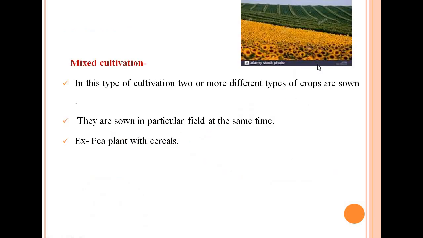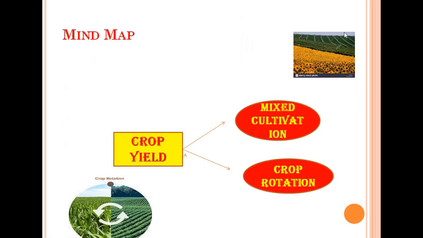In this picture you can see that two different plants are grown on the same field at the same time, while in crop rotation you can see that the crops are grown on the same land but not at the same time, but alternately. So in our upcoming slides we are going to discuss how these techniques help in increasing the crop yield.